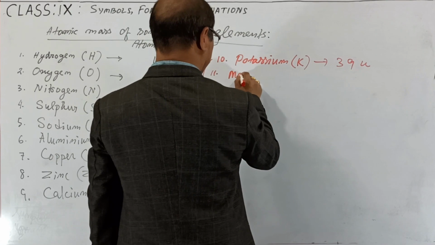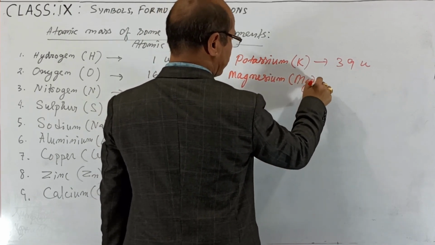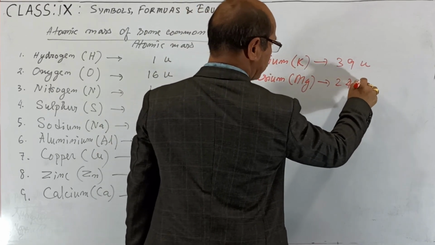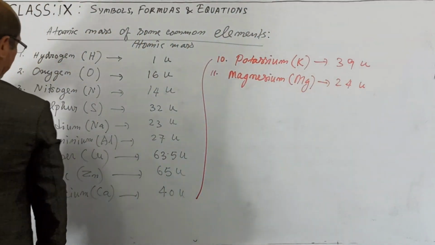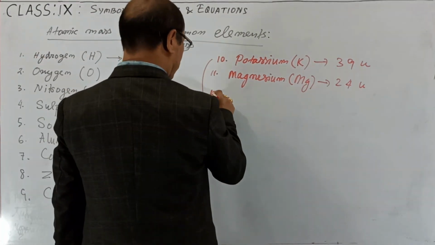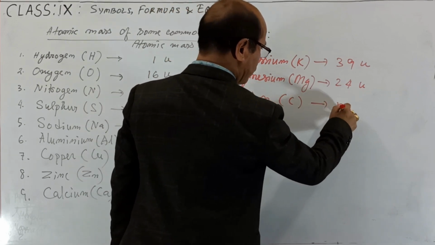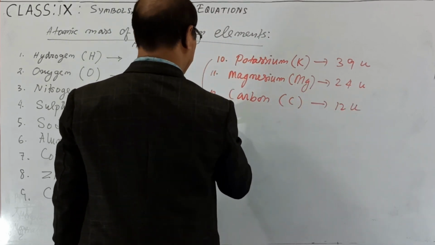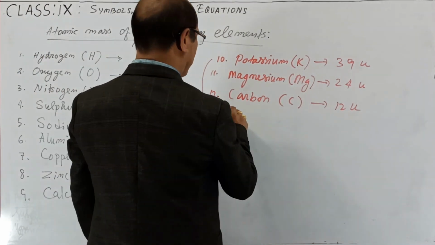Magnesium, Mg, 24 U. Only the common elements that we are going to use very frequently. And then we should not forget carbon, very important. Carbon, capital C, 12 U. Chlorine also, very important.